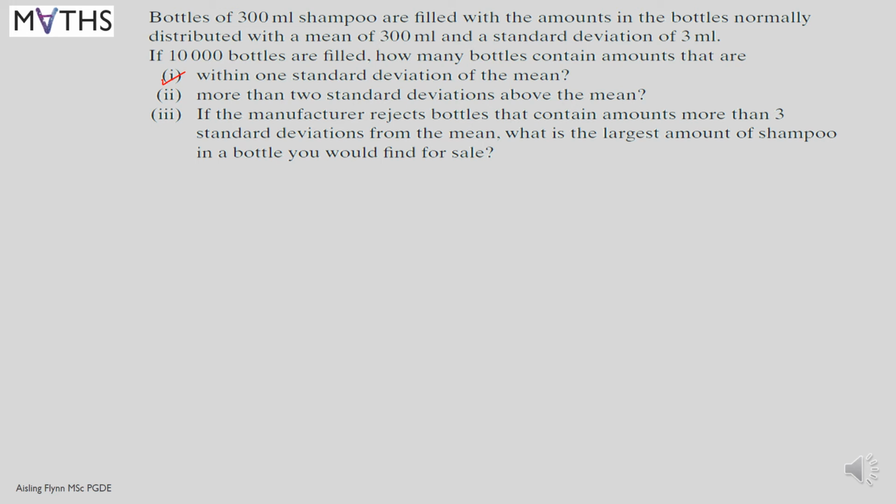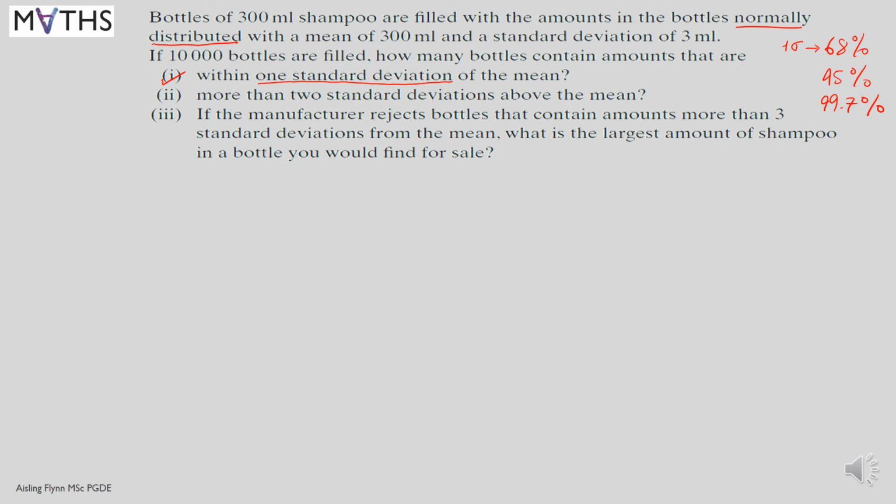Okay, so we see the words normally distributed. So before I forget them, I'm going to write down my 3 figures: 68%, 95%, and 99.7%. Question 1 is looking for how many bottles within one standard deviation of the mean. One standard deviation above and below refers to 68%.